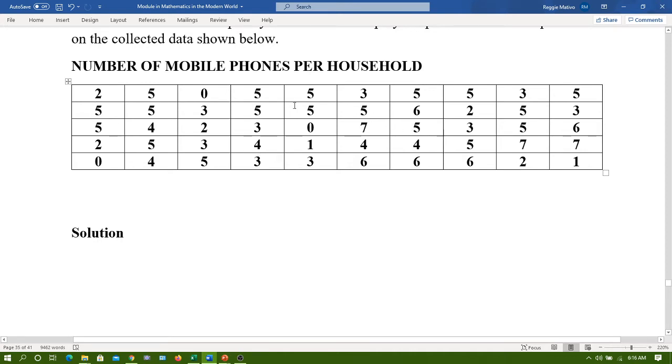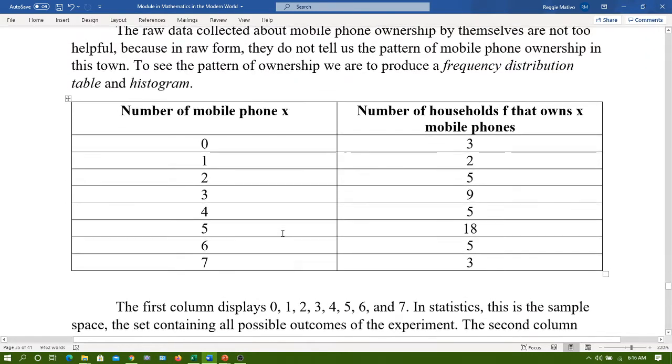So you can just estimate here. But when we have a frequency distribution and a histogram, we can make a table to make the frequencies most reliable to look at.